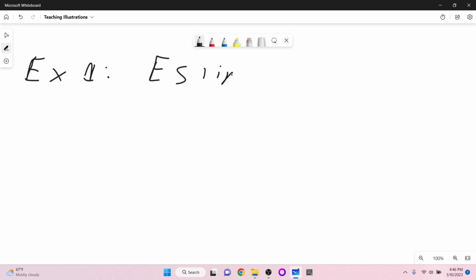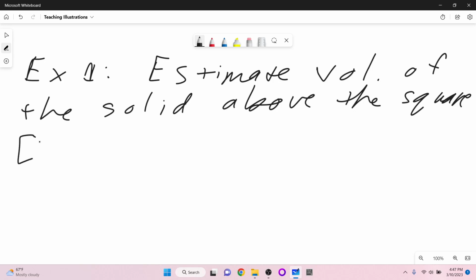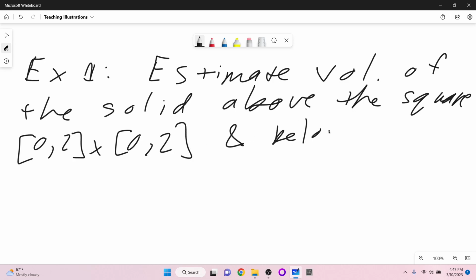Estimate the volume of the solid above the square [0, 2] cross [0, 2] and below z equals 16 minus x squared minus 2y squared.